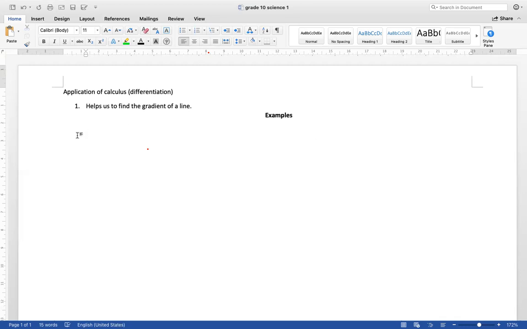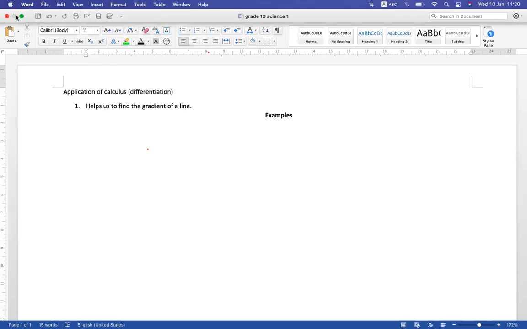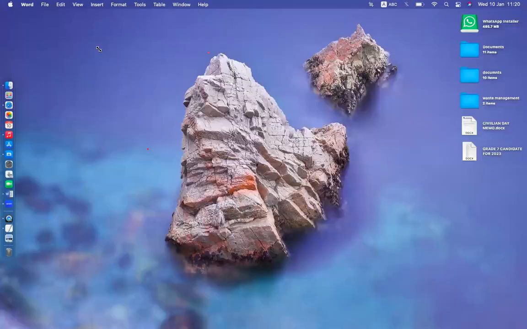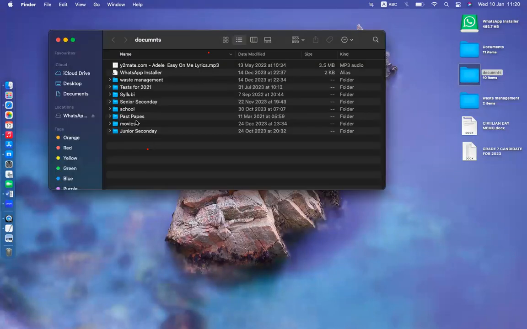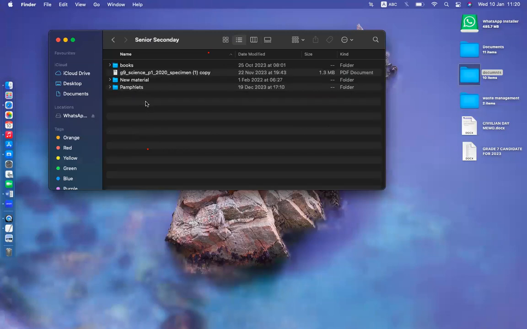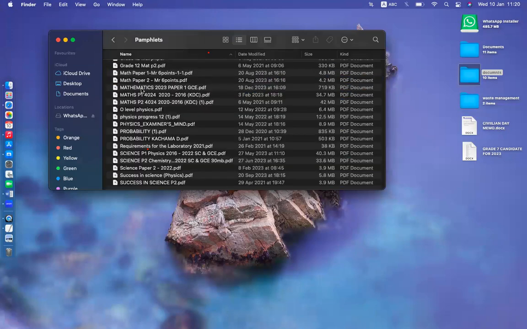They are saying the following, there's a diagram, or maybe let me just do this so that you understand it better if I show you the actual scenario, because maybe writing may be a bit of trouble for you to connect. So pamphlets, not these pamphlets. Then let me show you mathematics paper 2, this one.